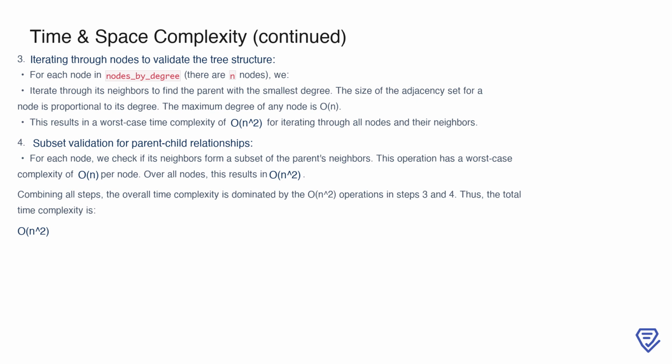Additionally, we perform subset validation to ensure the neighbors of each node form a subset of the parent's neighbors. This subset check for each node also has a worst-case complexity of O(n), and across all nodes, this step contributes another O(n squared). Combining these steps, the overall time complexity is dominated by the O(n squared) operations in validation and subset checks, leading to a total time complexity of O(n squared).